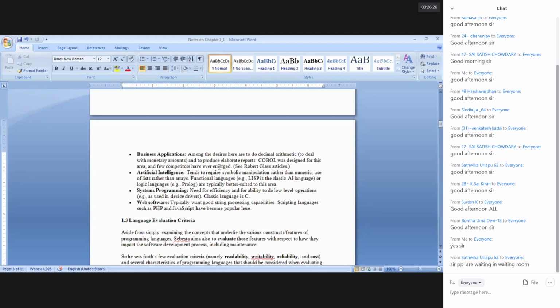Then artificial intelligence. AI tends to require symbolic manipulations rather than numeric. In business applications, we require more calculations, reports, and all. In scientific applications, we require precise values, real numbers, accurate calculations.